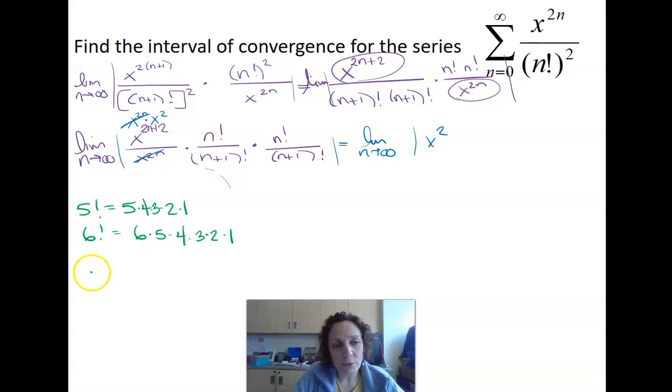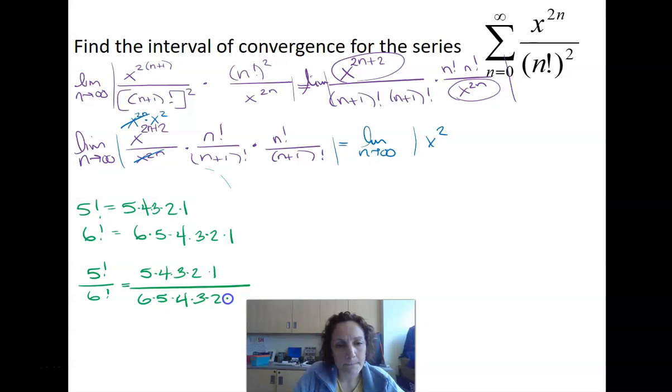So if I gave you 5 factorial over 6 factorial, you might notice that that is going to simplify like crazy because there are all these common factors. Everything from 5 down is going to go away, and I end up just with 1 over 6.